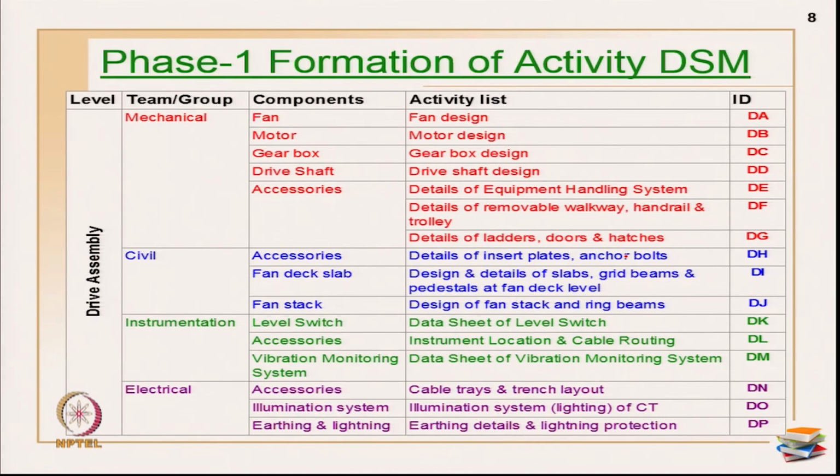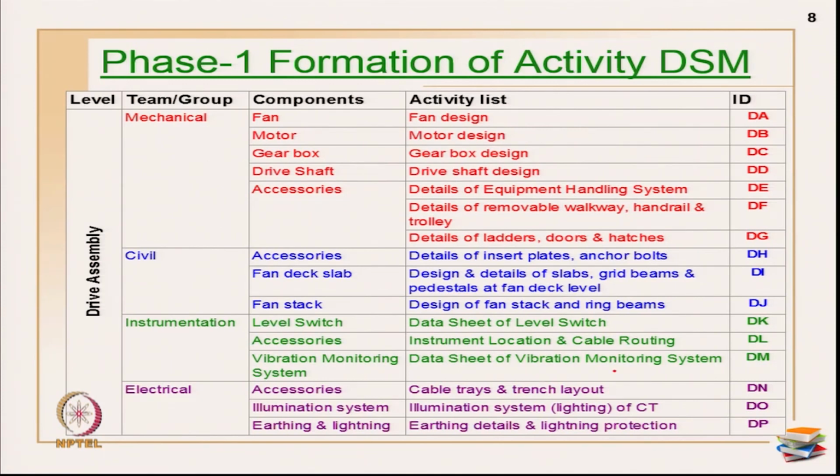In civil work, details of insert plates, anchor bolts for all the cable trays and so on. Then design and details of slabs, grid beams, pedestals at fan deck level. Then design of fan stack and ring beams. So, these are all the activities in the civil discipline. Then for instrumentation, data sheet of level switch, instrument location and cable routes, data sheet for vibration monitoring system.